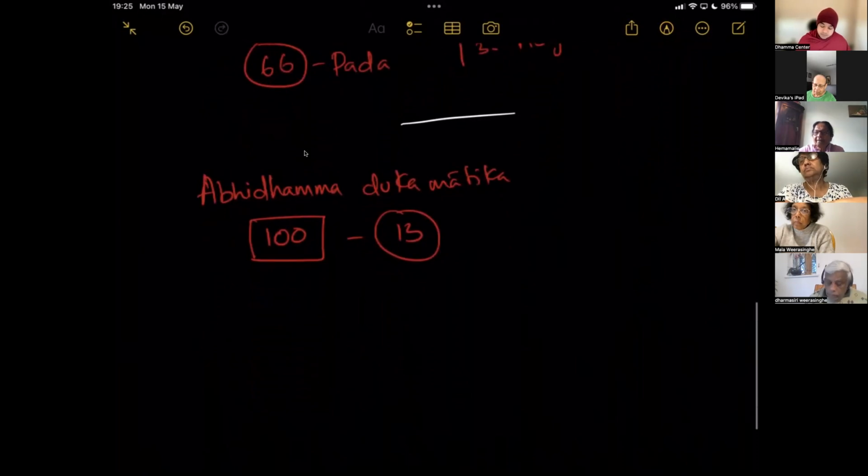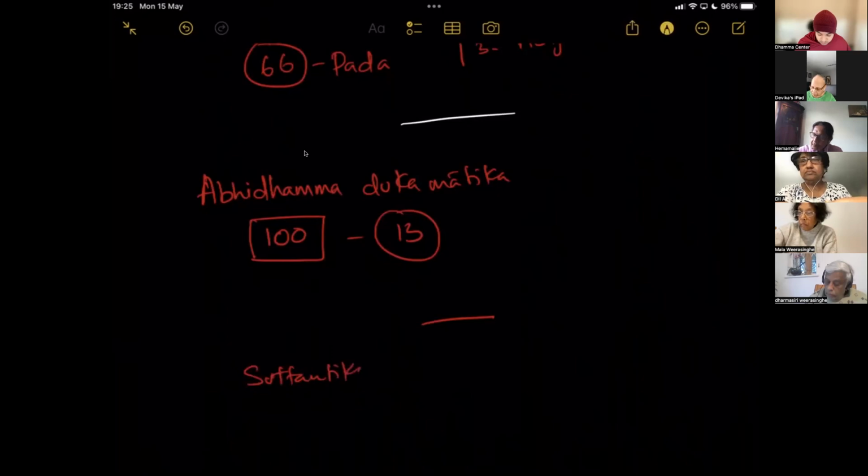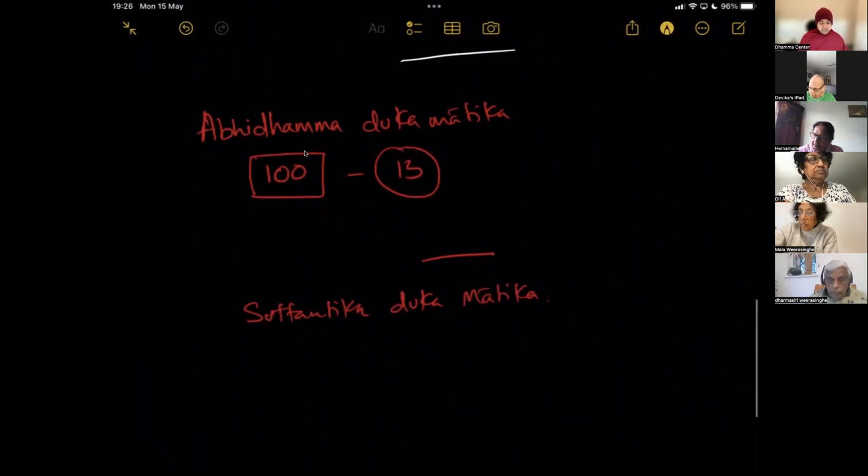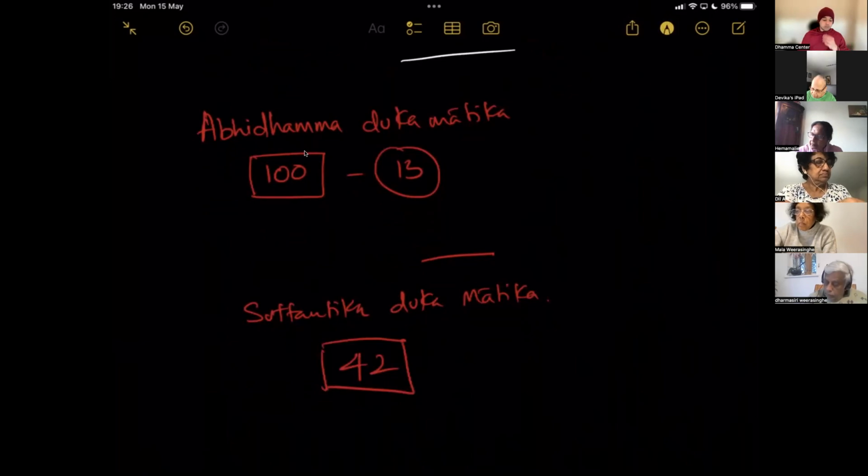Then we have the Suttantika Dukkamatika. In the Suttanta Dukkamatika, there would be 42 different Dhammas that we would be speaking about, right? Something to note about the Suttantika Dukkamatika is that it is not found in any other part of the Abhidhamma Pitaka, or rather in the Dhammasangani.